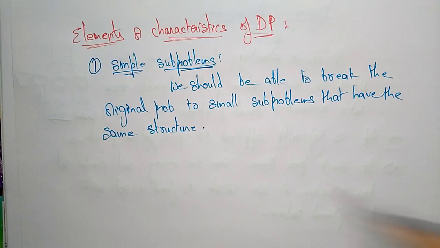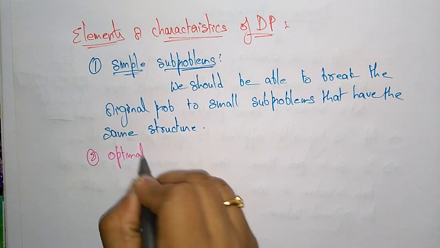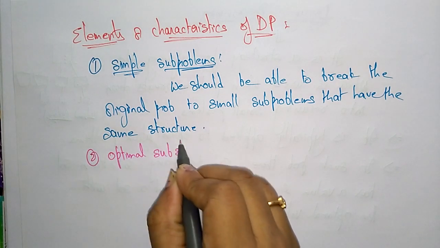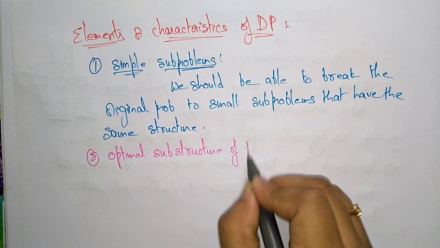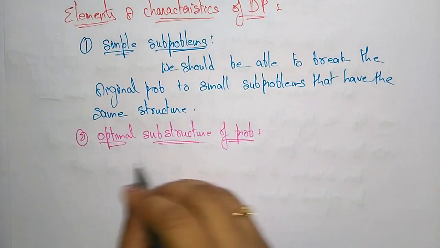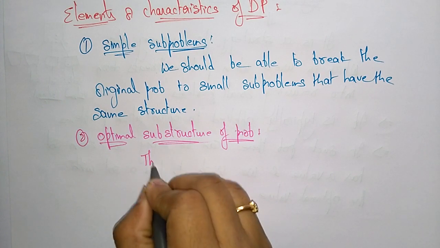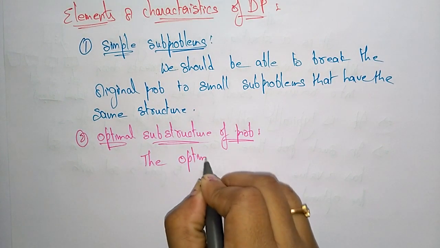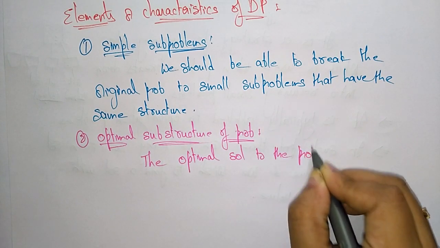Next, the second characteristic is optimal substructure. So what is optimal substructure of a problem?